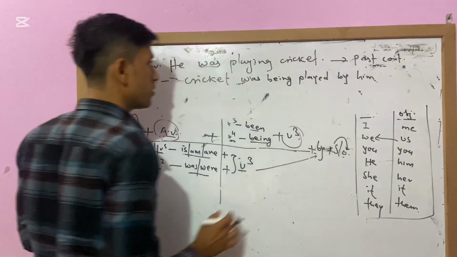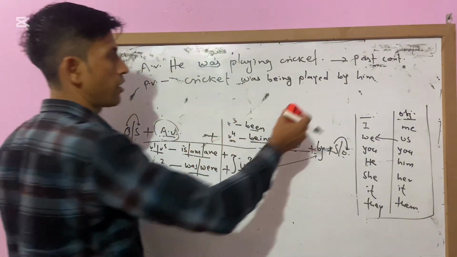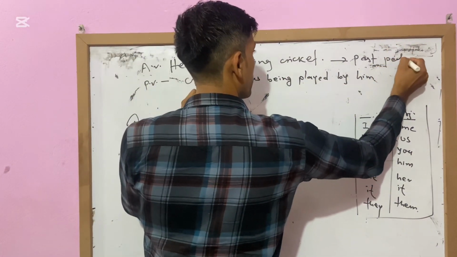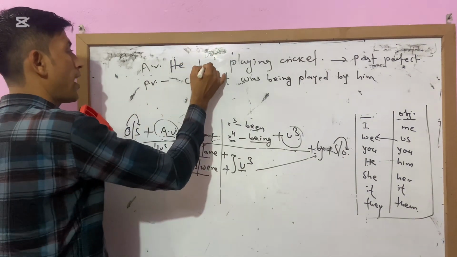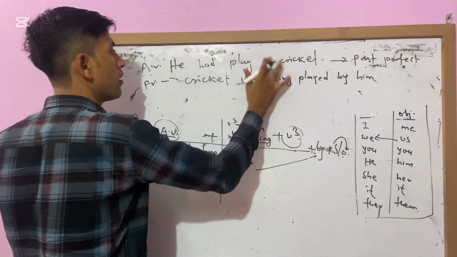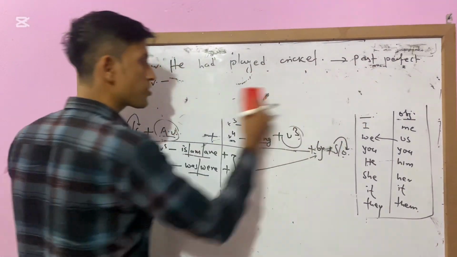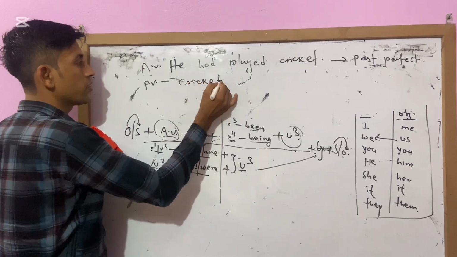Past continuous tense. Now past perfect tense. How can we change past perfect tense? Had played is a past perfect. How can we change it? As the same, object by subject, cricket, right? Then had is given.